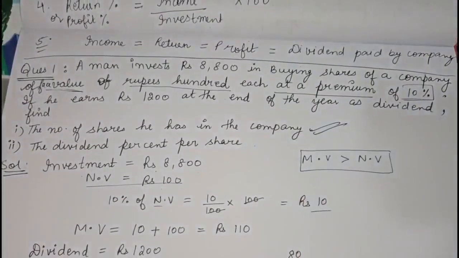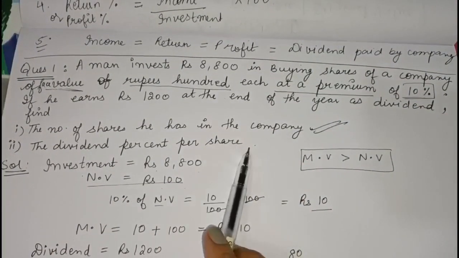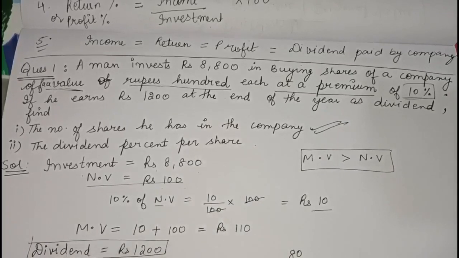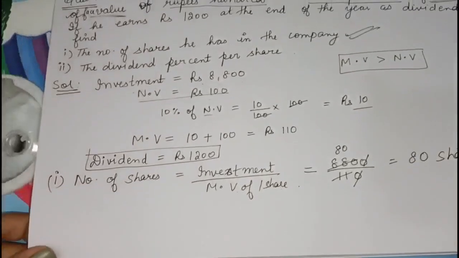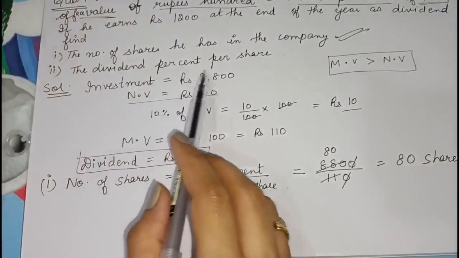Number of shares we have found. Now, second, we have to find the dividend percent per share. Overall dividend is given to us. Now per share we have to find its value, that too in the form of a percentage.